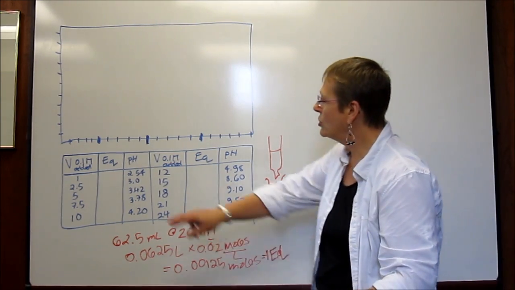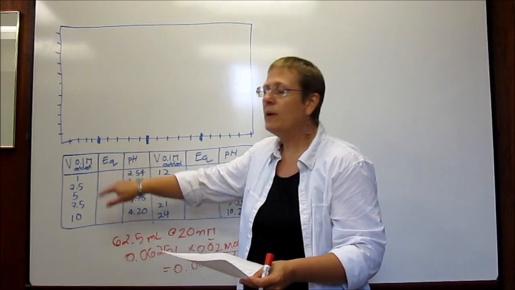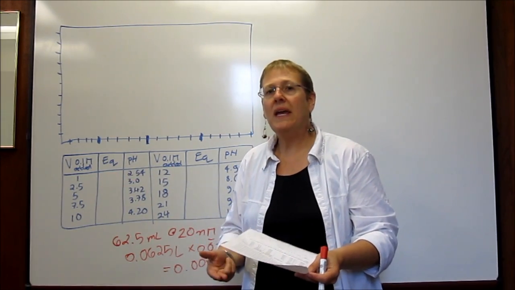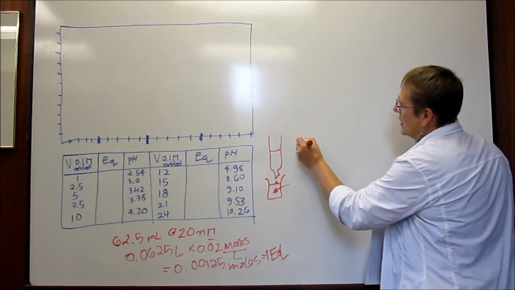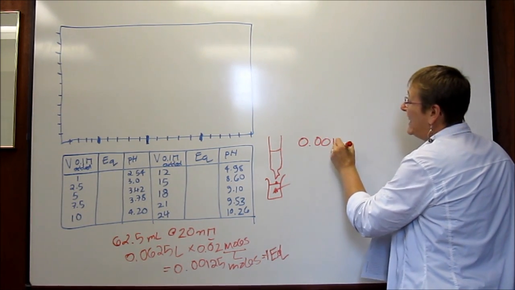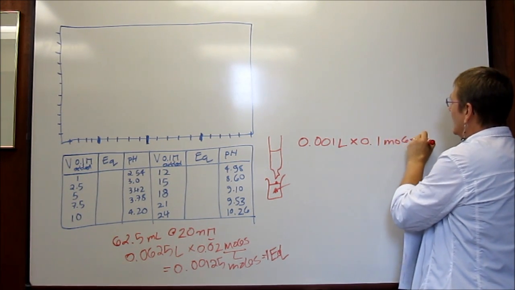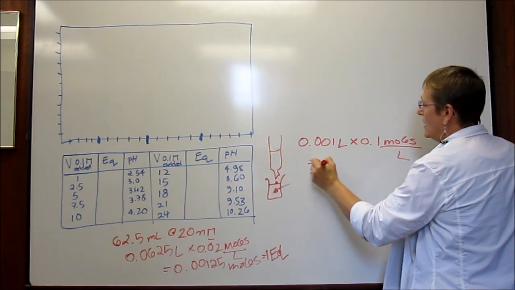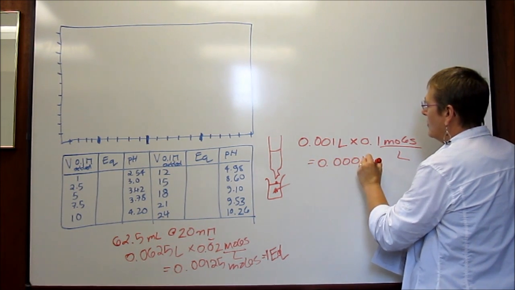Then, when we go to figure out our table, to figure out how many equivalents we add when we add 1 mL of base, we can figure out what we're doing. 1 milliliter of base, which is 0.001 liters, at 0.1 moles per liter, is equal to 0.0001 moles.